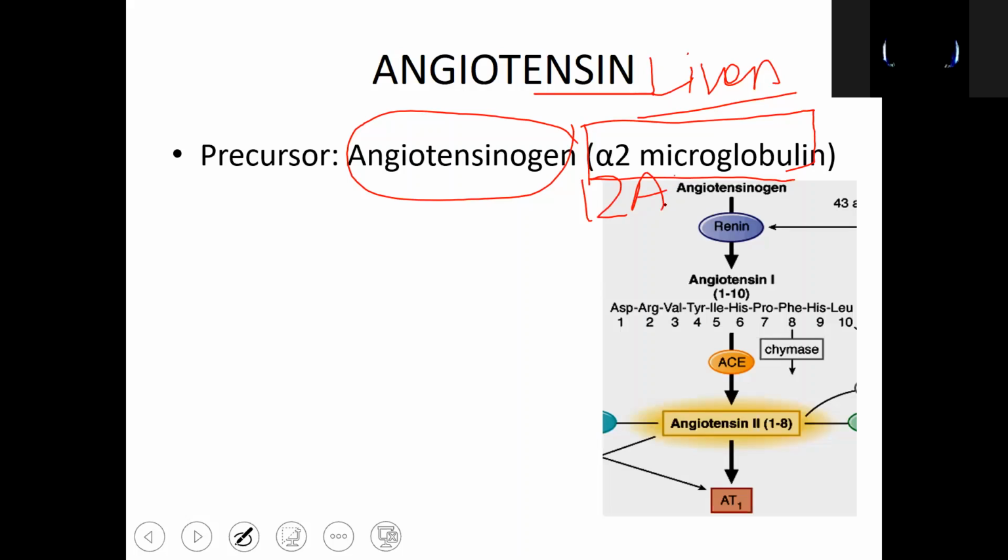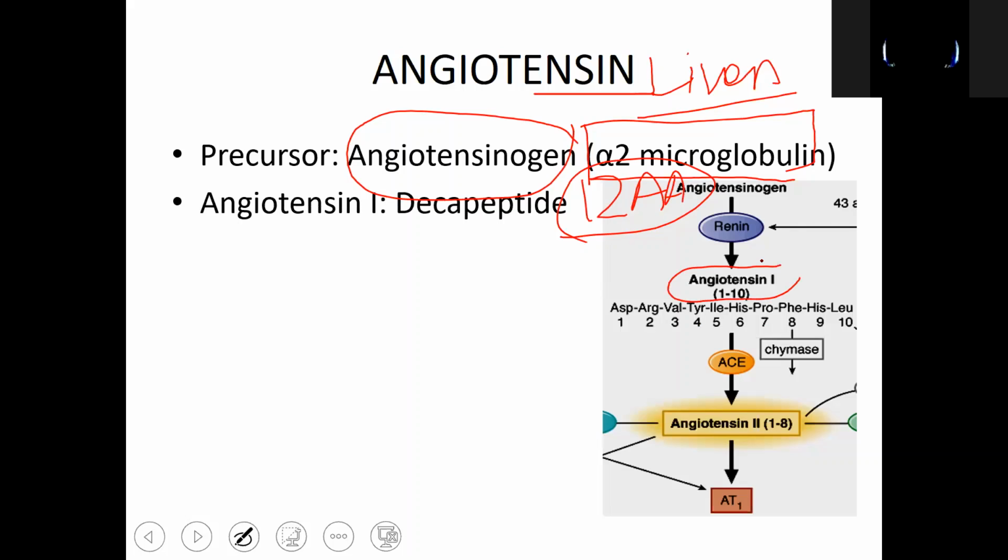It is a 12 amino acid component, and the renin acts on the angiotensinogen and splits the terminal amino acids. So due to the action of the renin, what is synthesized is angiotensin 1, and it is a decapeptide. It has 10 amino acids.